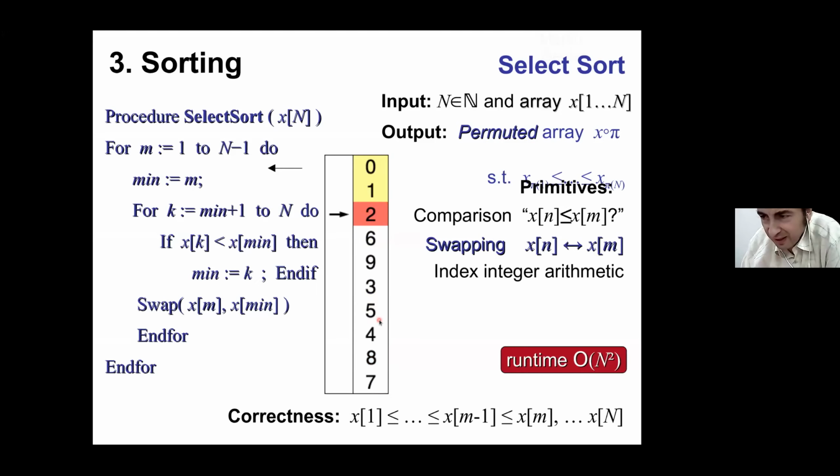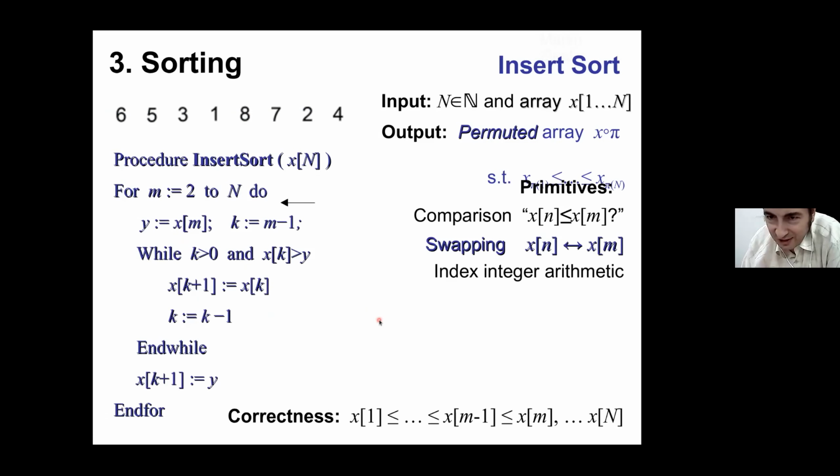And then there was this insert sort, where the idea is that when you sort from the left, you have a left piece of sorted elements, and then you consider the first element which is not sorted, which is this red box, and it is written into this variable y.